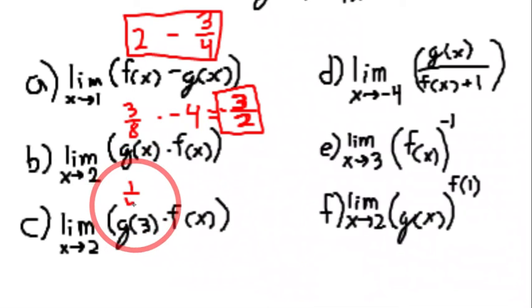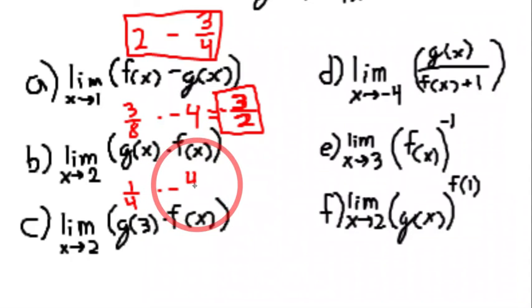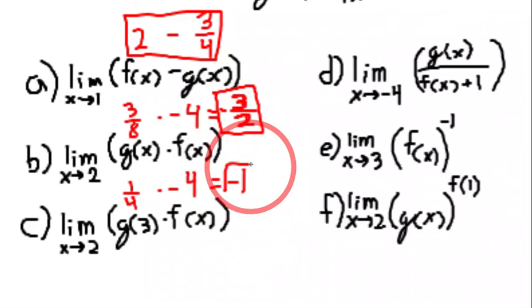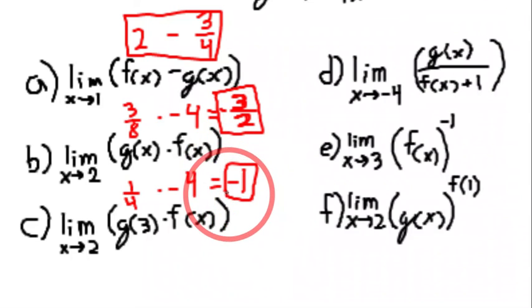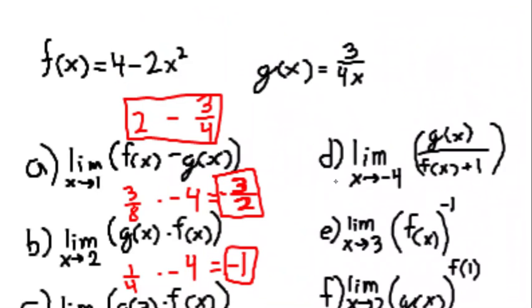Then f of 2 up here is going to be the same as f of 2 down here. And so 1/4 times negative 4 is just going to equal negative 1. Although, again, you don't have to simplify if you don't want to.